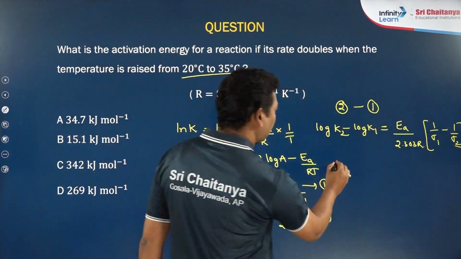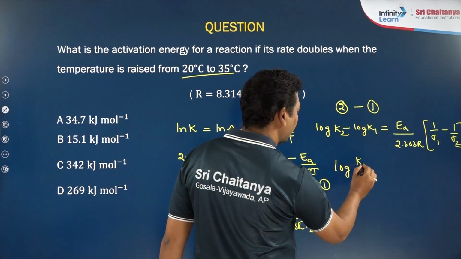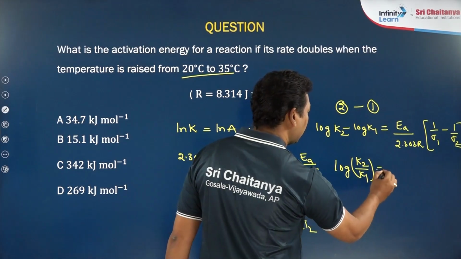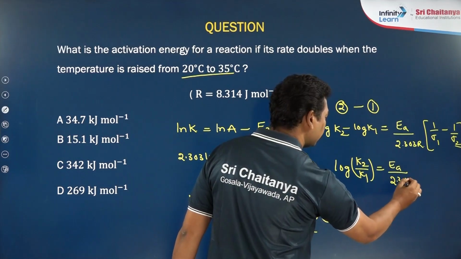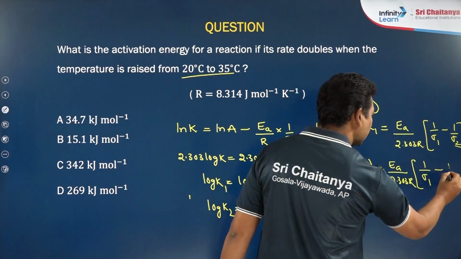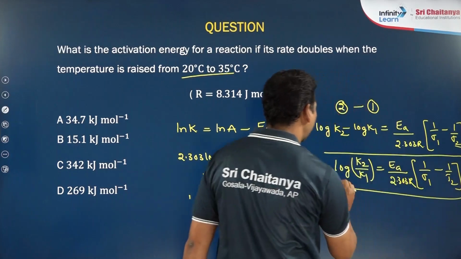And this can be the log A minus log B expression, so this will be log A by B. Log of K2 by K1 is equal to EA by 2.303 R of 1 by T1 minus 1 by T2. This is the expression that we should use to solve the above one.